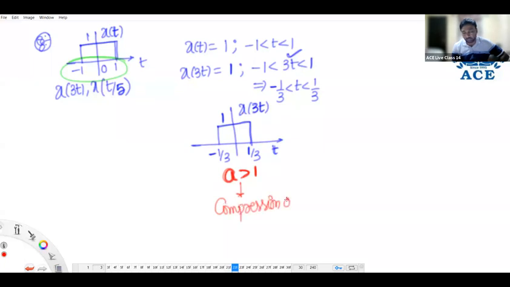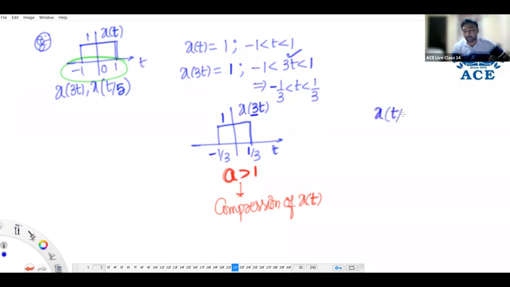Without all the maths, to draw x(3t), multiplication here becomes division on the time axis. We directly perform division by 3 for the rectangle. That is -1/3 to 1/3.